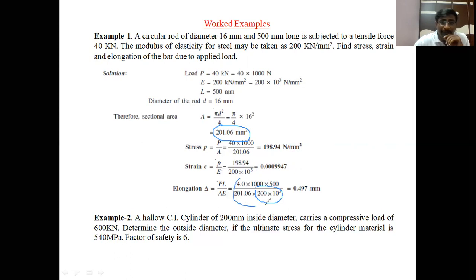By substituting all the parameters into this equation, we get the elongation of the member as 0.497 millimeters. That means by applying the load of 40 kilonewtons on that member, it will be extended by about 0.49 mm. This is the elongation of that member.